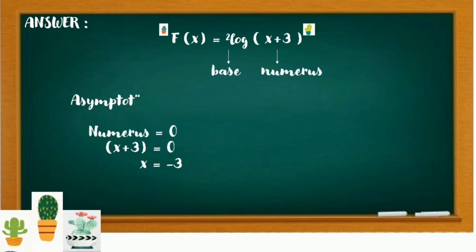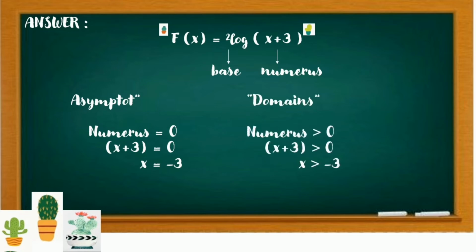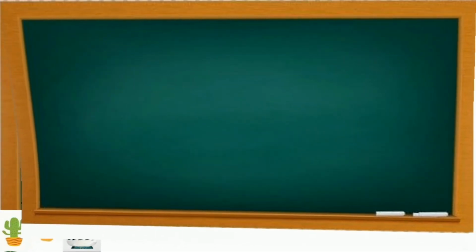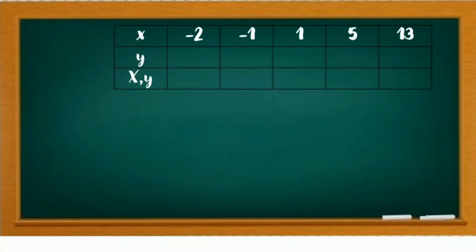Whereas the formula for determining the domain is that the numerus should be greater than 0. So x plus 3 is greater than 0, x is greater than minus 3. Okay, next, we make a table of the logarithmic function with 3 rows and 6 columns.